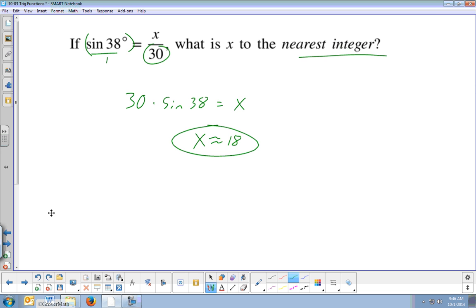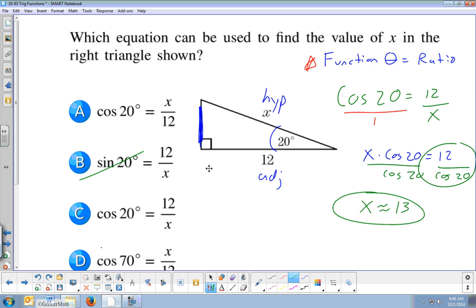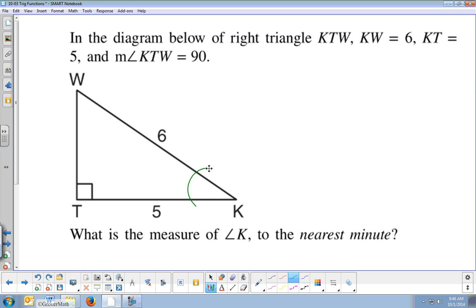Okay, and so next problem here. This question wants to find the measure of angle K. So where these last two problems were finding side lengths, this one's finding an angle measure. And it's set up the same, where we first need to determine a function of some angle and set it equal to a ratio.